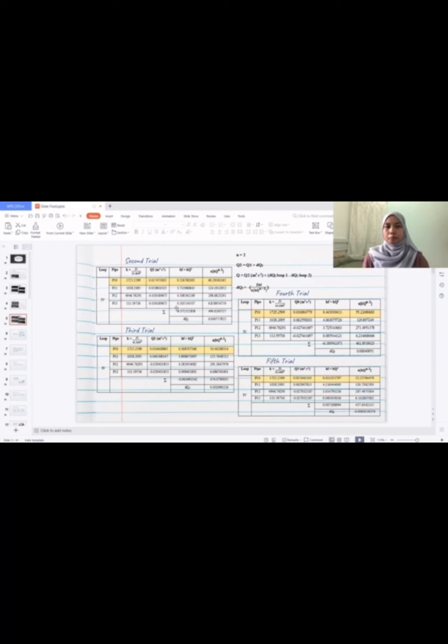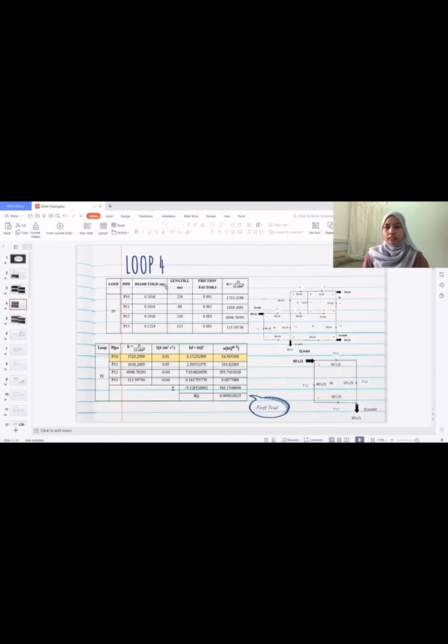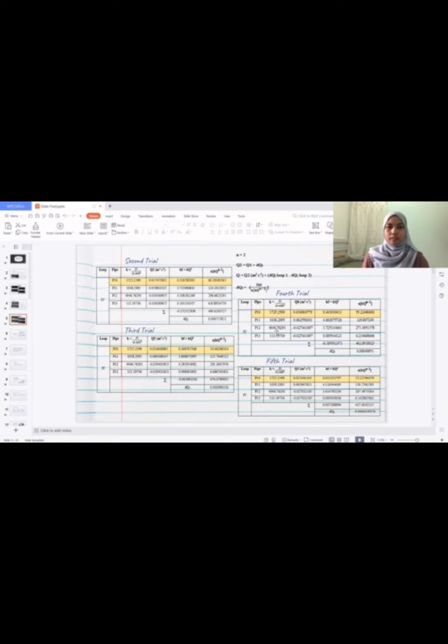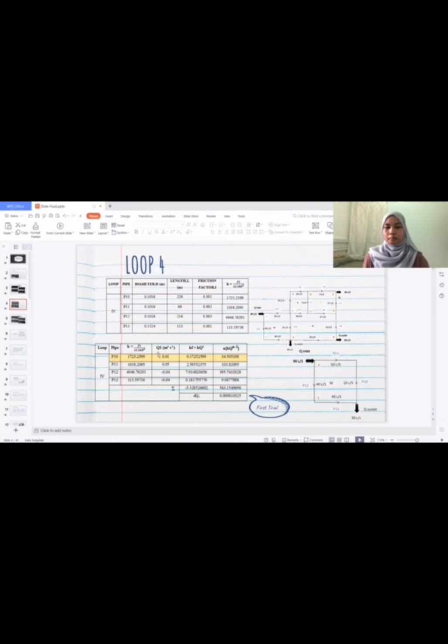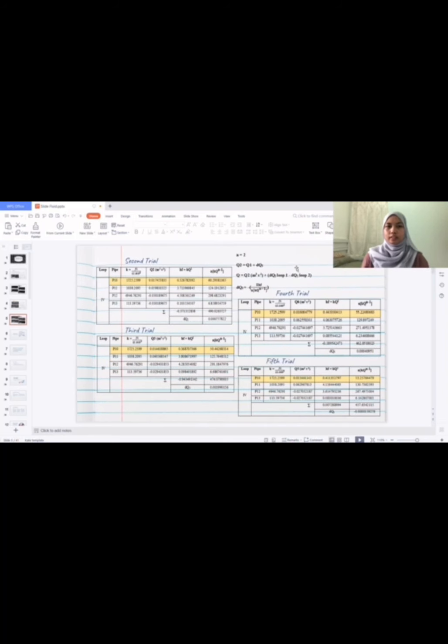And for P10, we need to use this method, which is the Q1 plus the total of dQ1, but dQ1 needs to be minus the value of the other dQ1, which is in another loop.